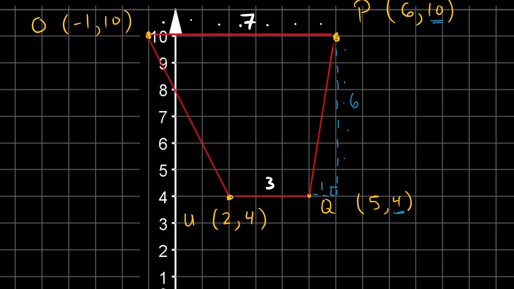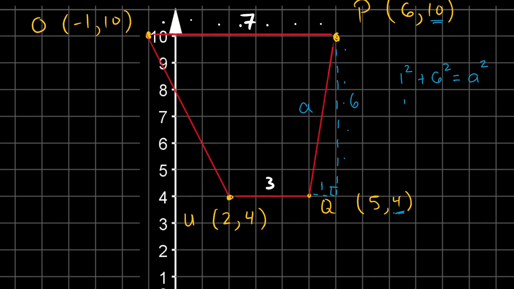So this length from P to Q, the length of this hypotenuse, I'm going to give a variable name. I'm going to call this A. I could say that a leg squared plus the other leg squared is the hypotenuse squared. And yes, I labeled that hypotenuse A, so I'm saying it's A squared.